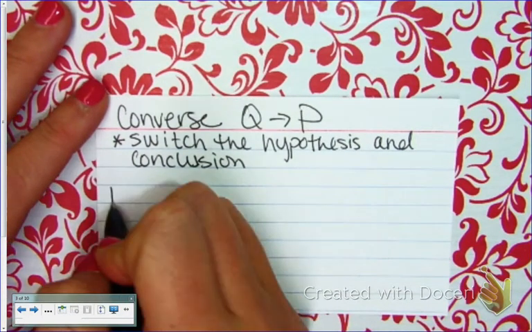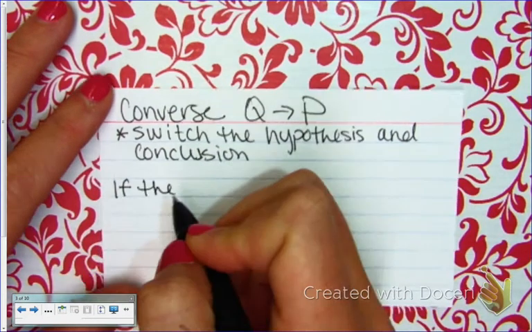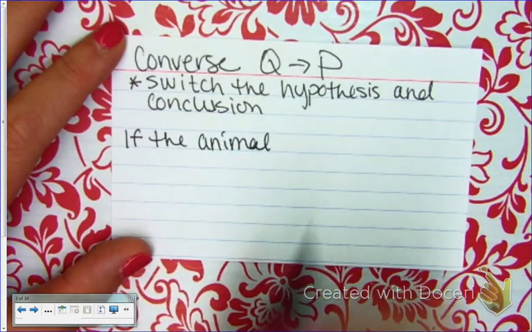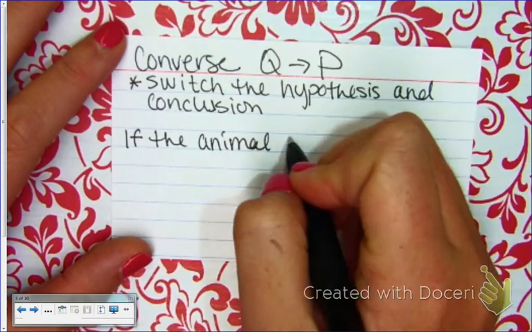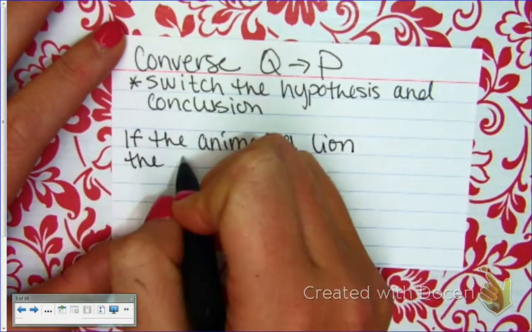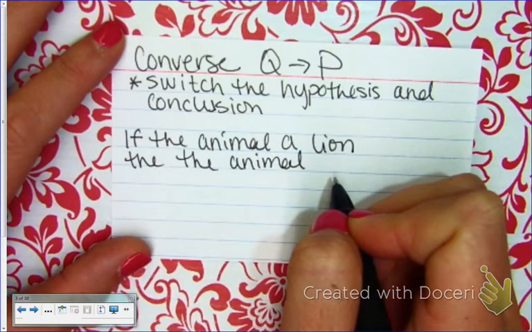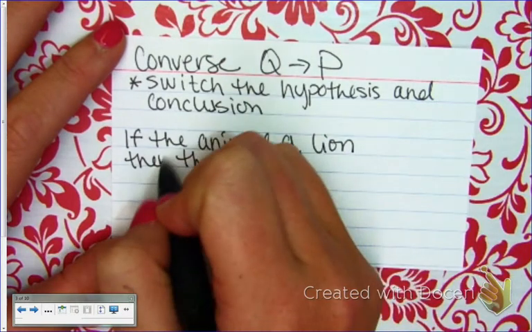So, if the animal is what? A lion. Then the animal a cat.